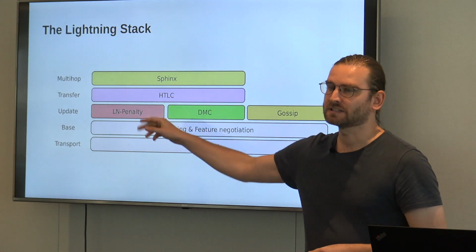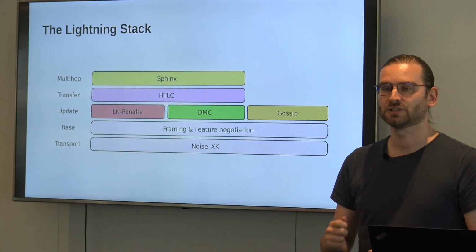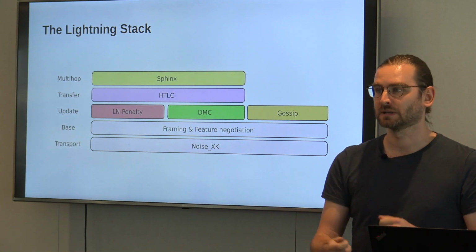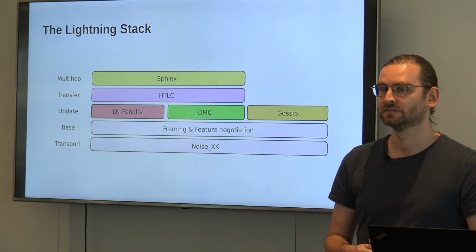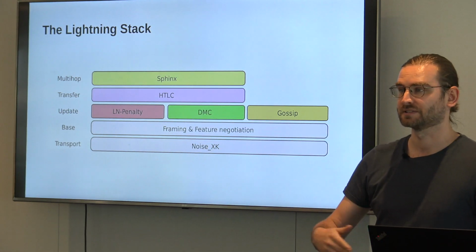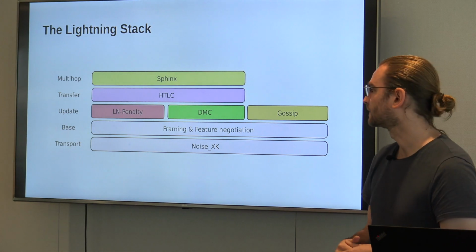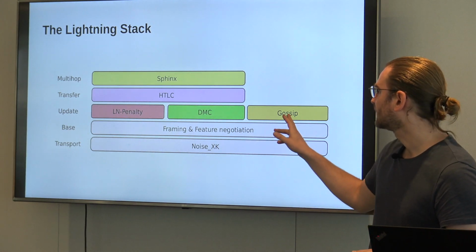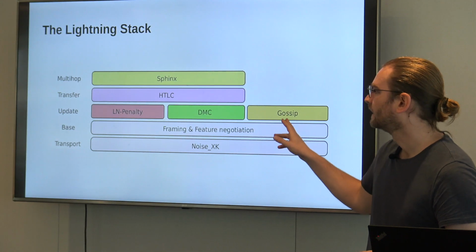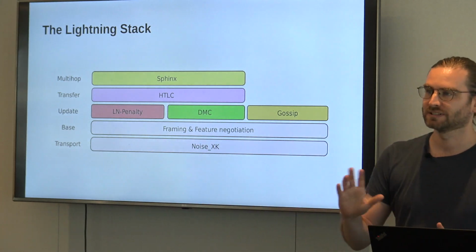Then we have the transfer layer, which is basically how we negotiate incremental payments over an individual channel. And we have the multi-hop layer, which is the Sphinx layer, which allows us to then extend this relationship over multiple hops in the network. And the last layer we have is the gossip layer, which is sort of part of the update layer, but it's not really.